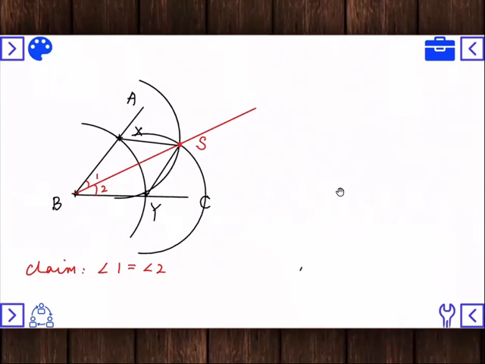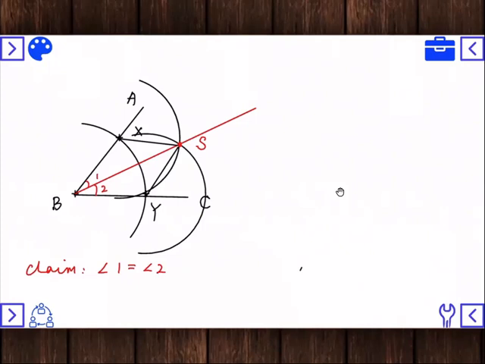It's the same here. We need to prove that two angles are equal. The easiest, the most simple way is to prove that the two triangles that contain these two angles are congruent, which means our goal is to prove that triangle BXS and triangle BYS are congruent.